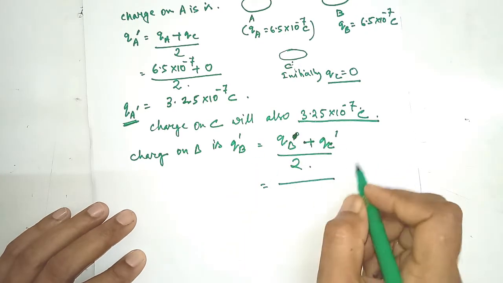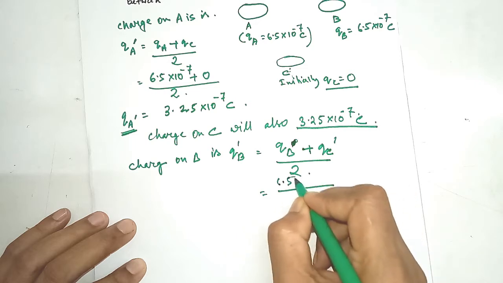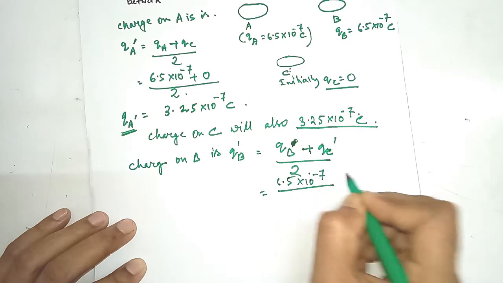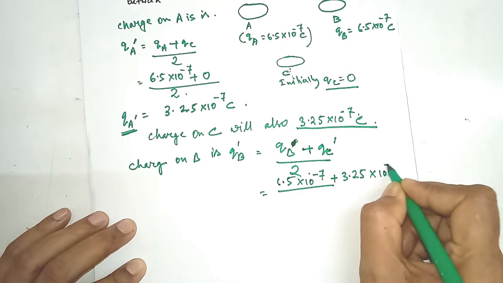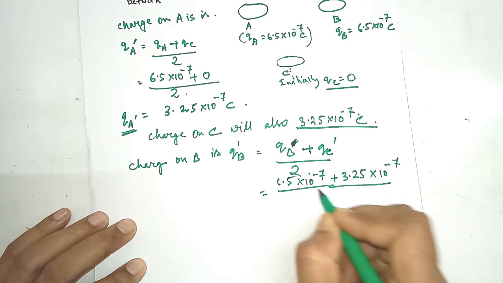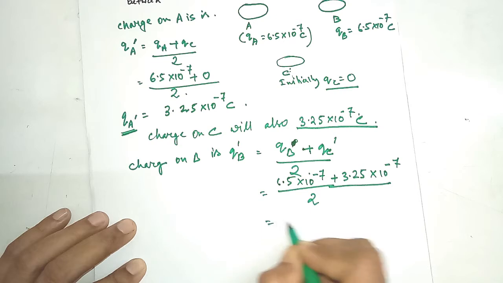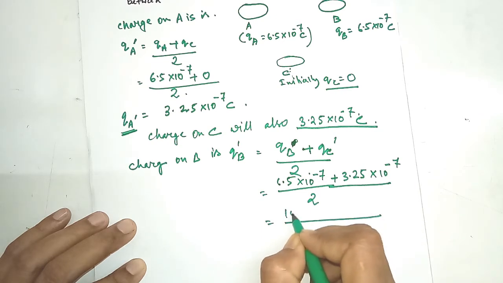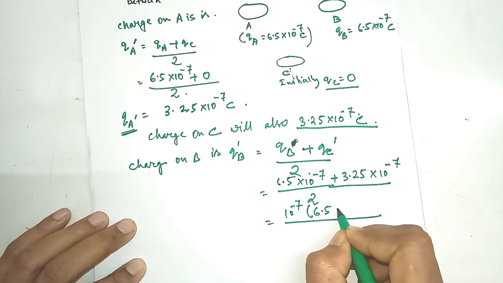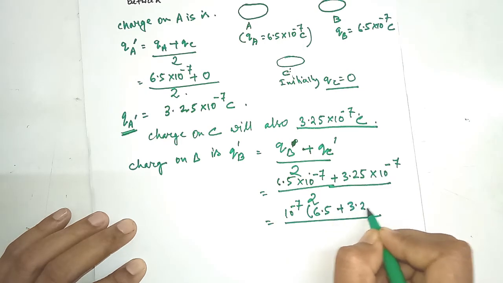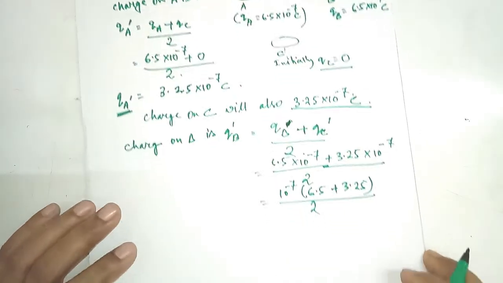So we got 6.5 into 10 to the power minus 7 plus 3.25 into 10 to the power minus 7 divided by 2. So I take the common of 10 to the power minus 7, (6.5 plus 3.25) divided by 2.